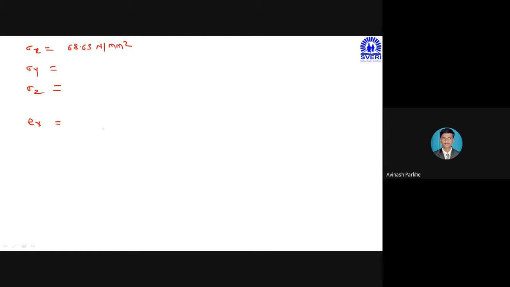Please check. Here I am writing the direct sigma values. Sigma y is 60.72 Newton per mm square. Sigma z is 40.48 Newton per mm square.